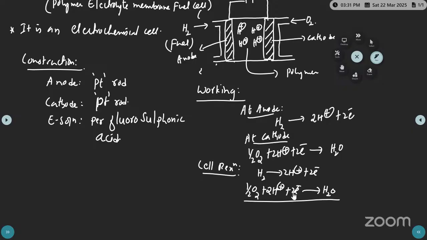The 2 electrons get cancelled, the 2H plus get cancelled, and H2 plus half O2 gives rise to H2O. So this is it. And next, applications.